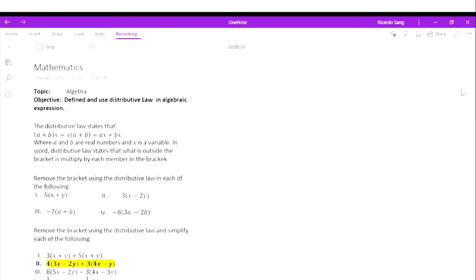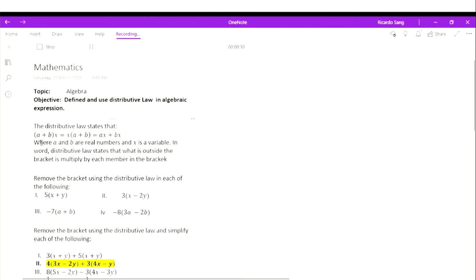And today we are looking at algebra, and the objective for today is to define and use the distributive law in algebraic expressions. In the corner here, you see we have a little definition for the distributive law.